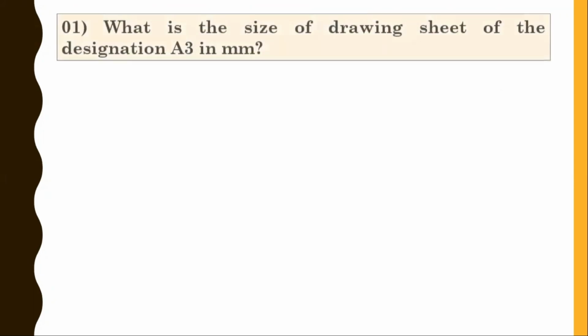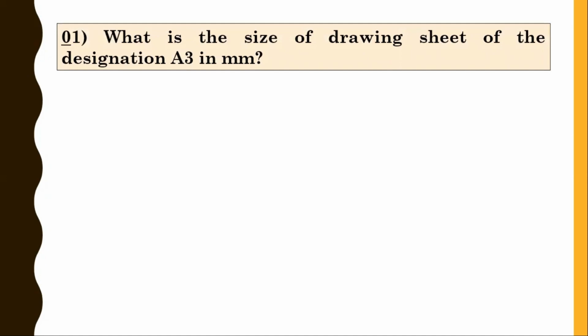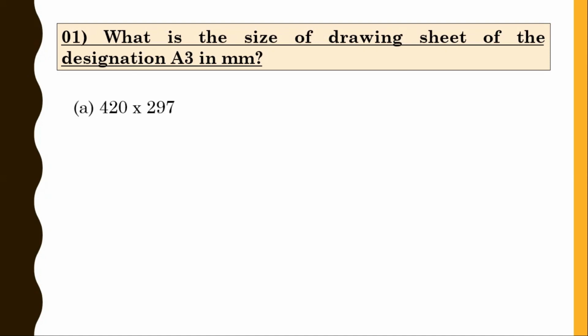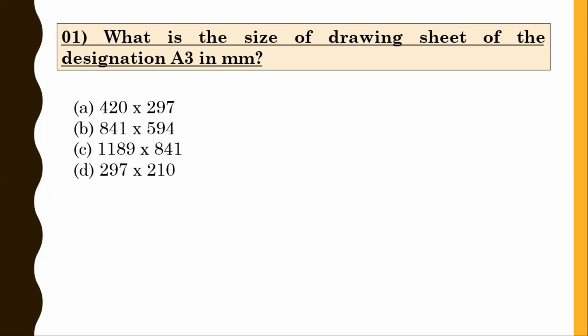First MCQ, what is the size of drawing sheet of designation A3 in mm? Options are A 420 by 297, B 841 by 594, C 1189 by 841, option D 297 by 210.